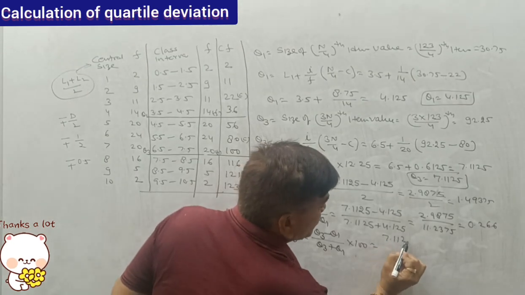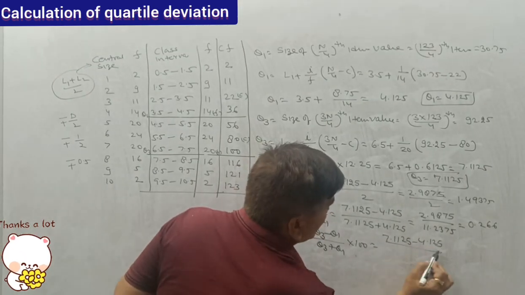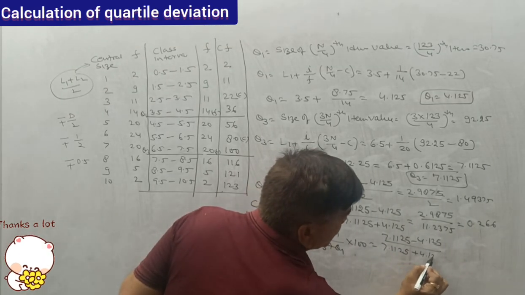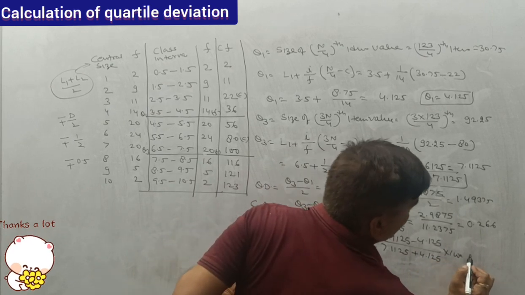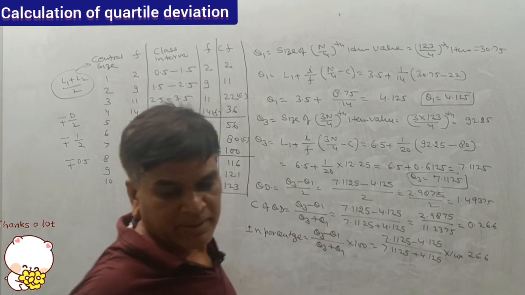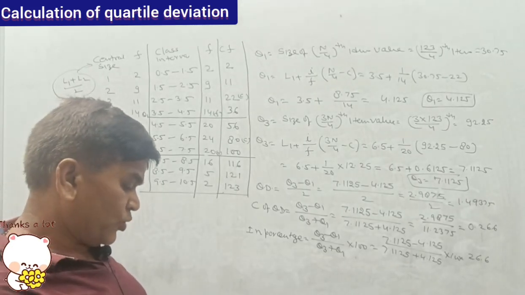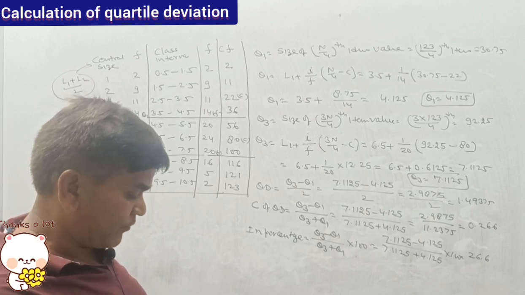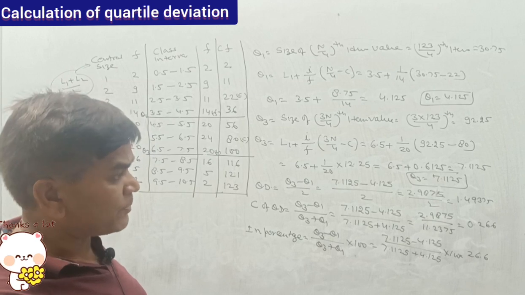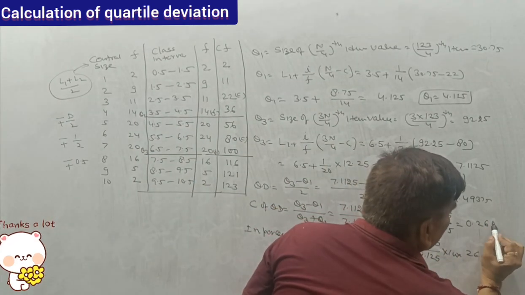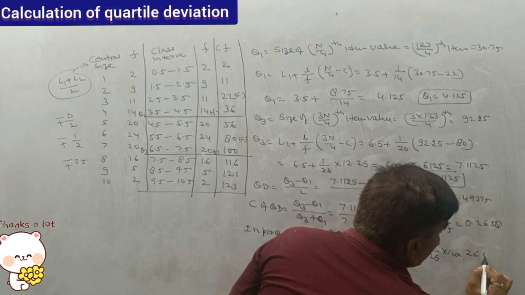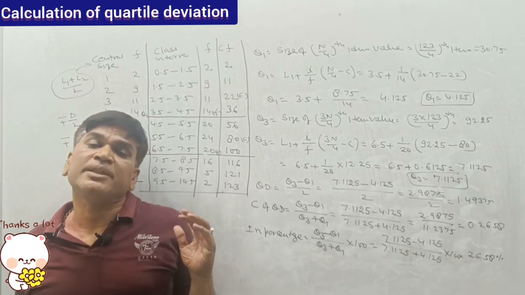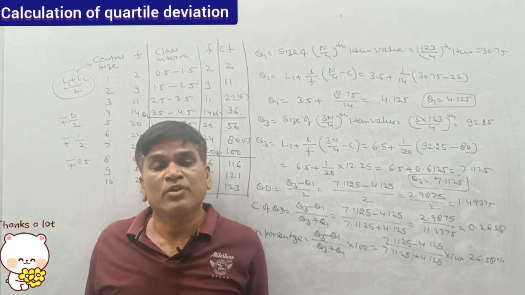So 7.1125 minus 4.125 upon 7.1125 plus 4.125 multiplied by 100. 2.9875 divided by 11.2375, that is 0.2658, or 26.58%. So from this method we can calculate the coefficient of quartile deviation.